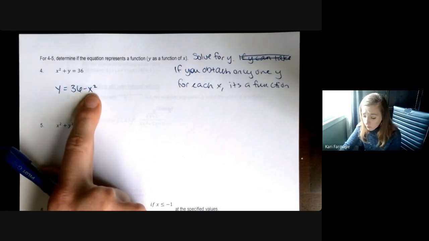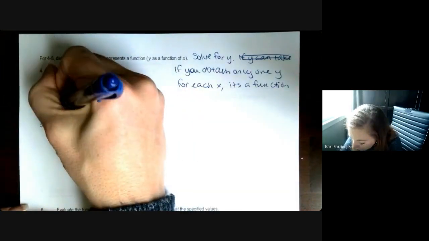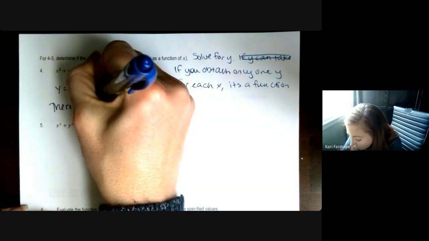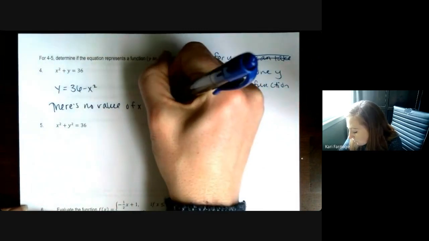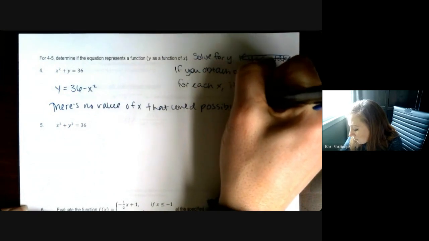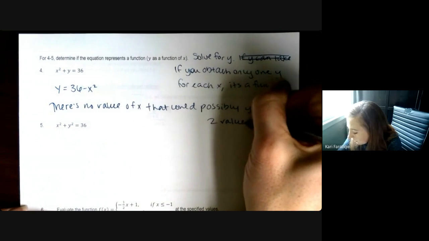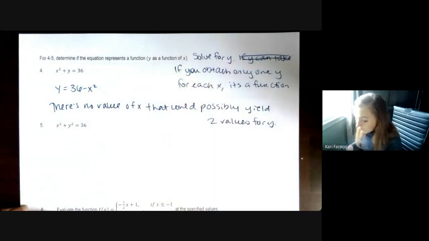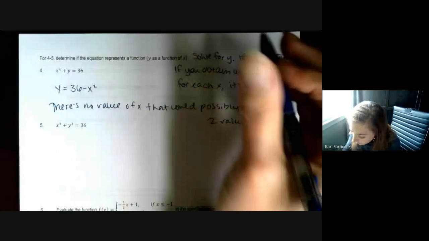But there's no value of x that could possibly yield two different values of y. You can't plug in an x and get two different y's. You're only going to get one value of y for each x. So that means that, yes, you have a function.